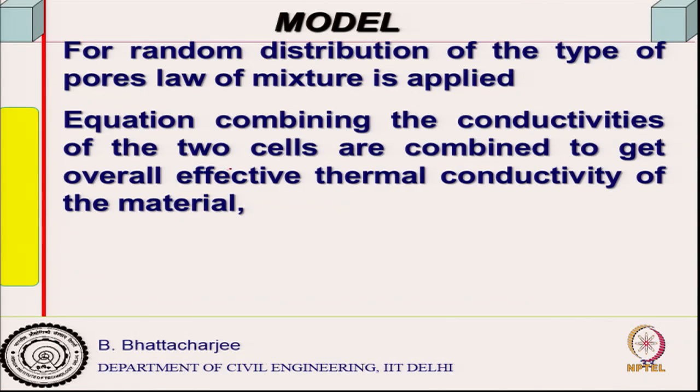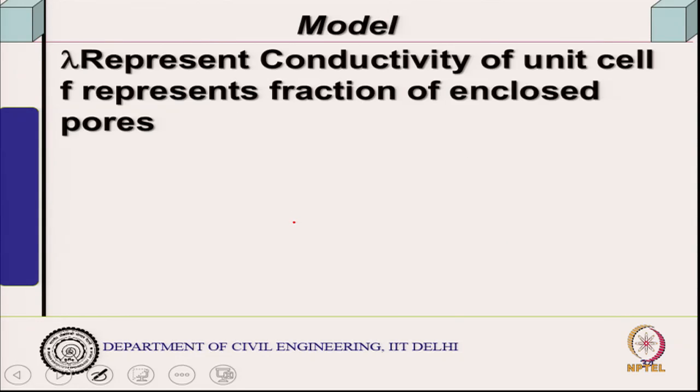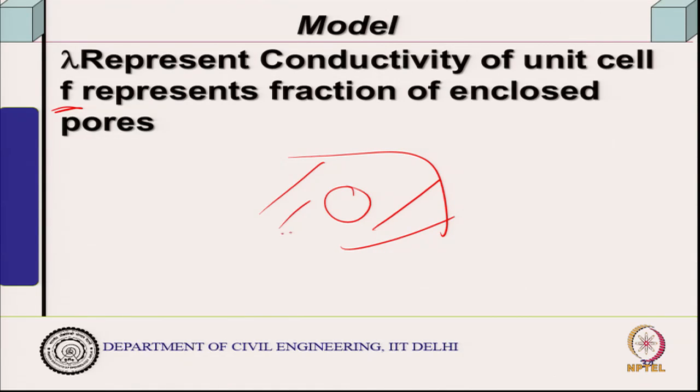So, the equation combines these two cells to get the overall effective thermal conductivity of the material in both dry and saturated states. Let us say how it is. For the unit cell, let F be the fraction of enclosed pores, where the pore is inside and solid is outside.